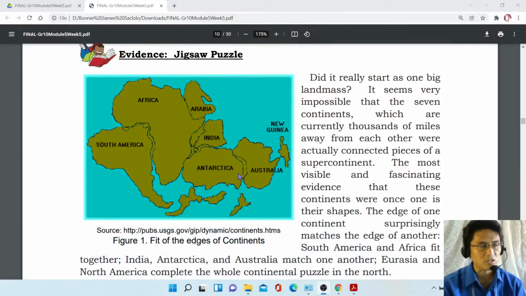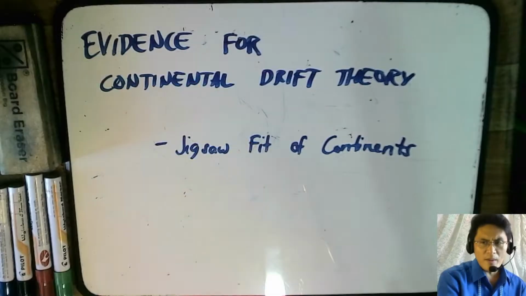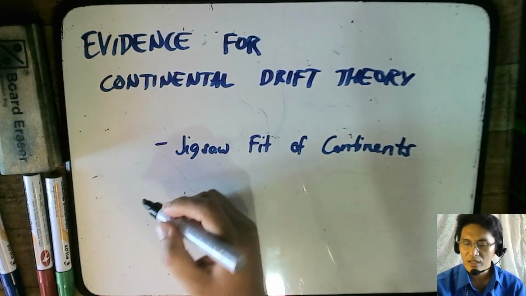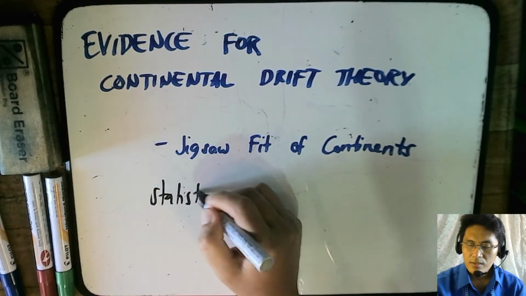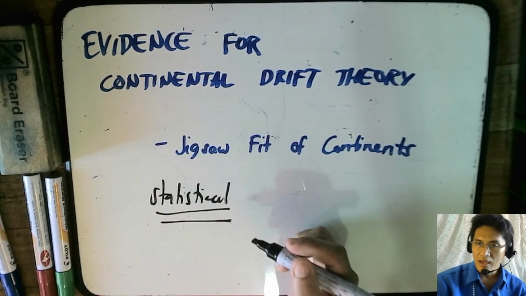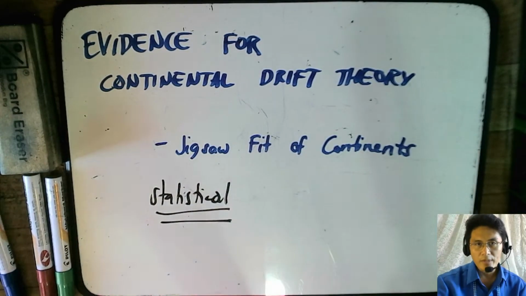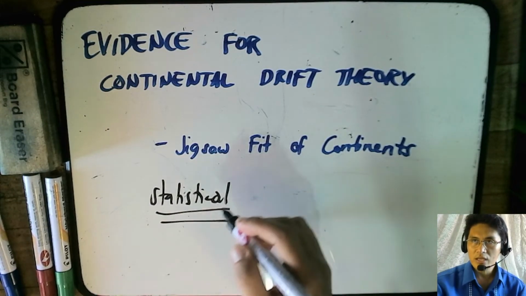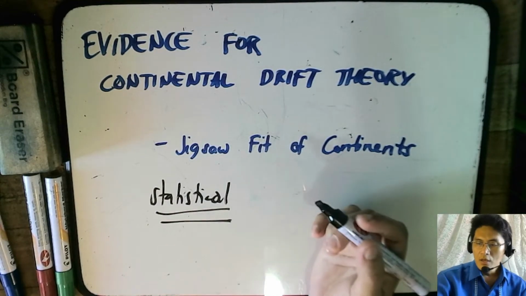This is not just one of those things where our minds are deceived and we want to see a pattern, and that's why we see that the edges fit even if they don't really, and we're just forcing the issue. Please remember that science has progressed to the point that we can use statistical methods to verify if something is indeed happening, or whether the degree of confidence that we have that something is happening is really high or not.